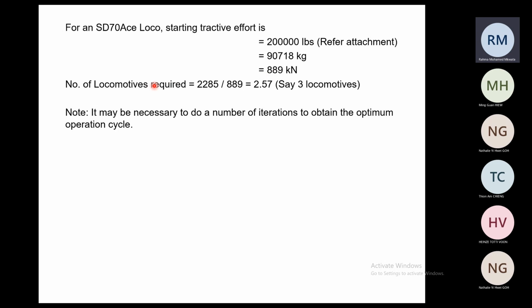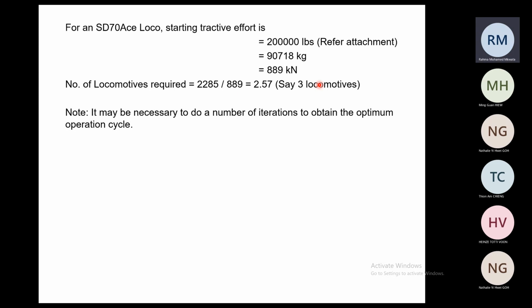So one locomotive can move 889 kilonewton. The total effort we just calculated, when you divide by the effort of one locomotive, means you need 2.57 locomotives. Approximately, you need 3 locomotives.